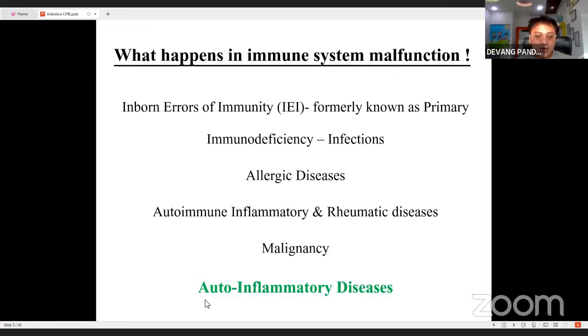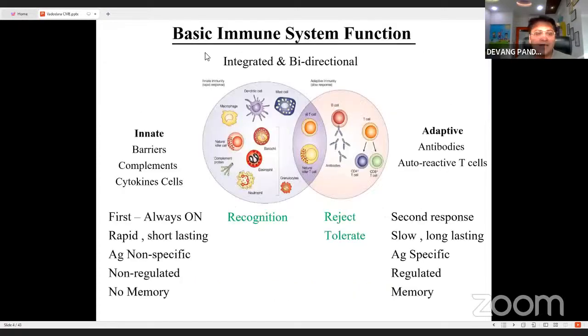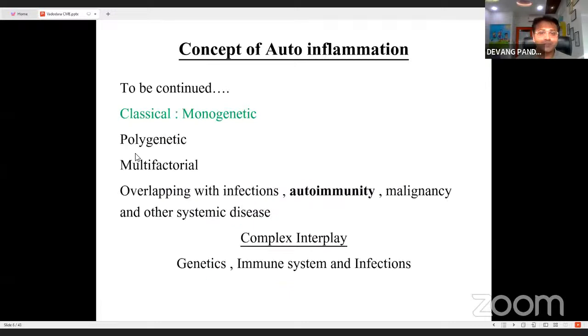And today our talk is about autoinflammatory diseases. That also comes under an immune system malfunction, and it is a disorder of innate immunity. Now, how has this concept developed, and what is the exact concept of autoinflammation at present?